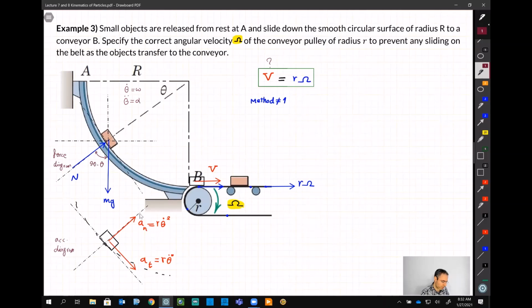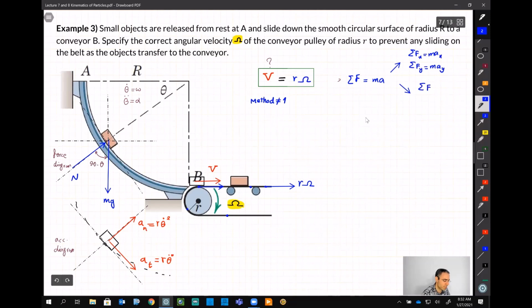So all I need to do is write the formula we have, our friend Newton: the sum of the forces is equal to ma. But this is a general formula. I can write it the way that I want: sum of the forces in X is equal to max, sum of the forces in Y is may, or sum of the forces in T is mat, sum of the forces in N is man.